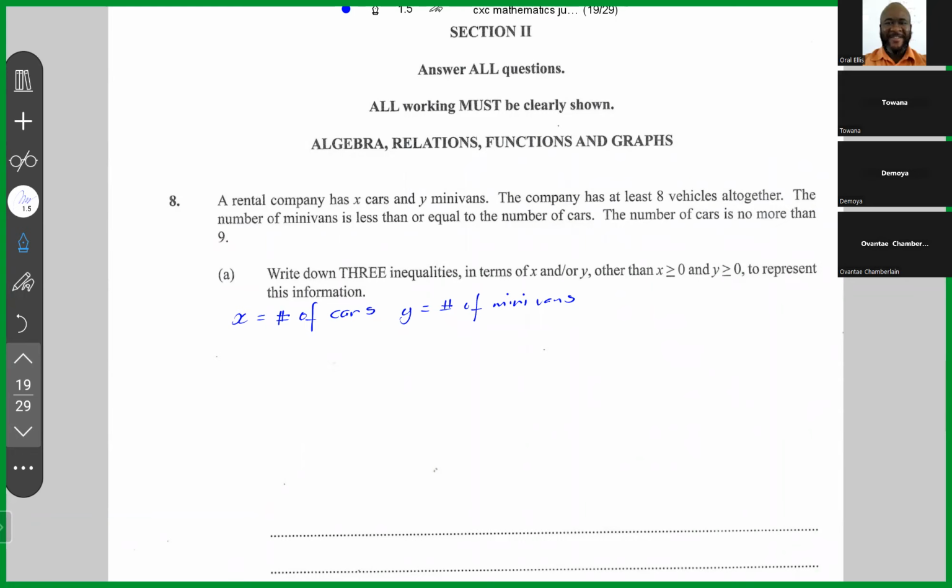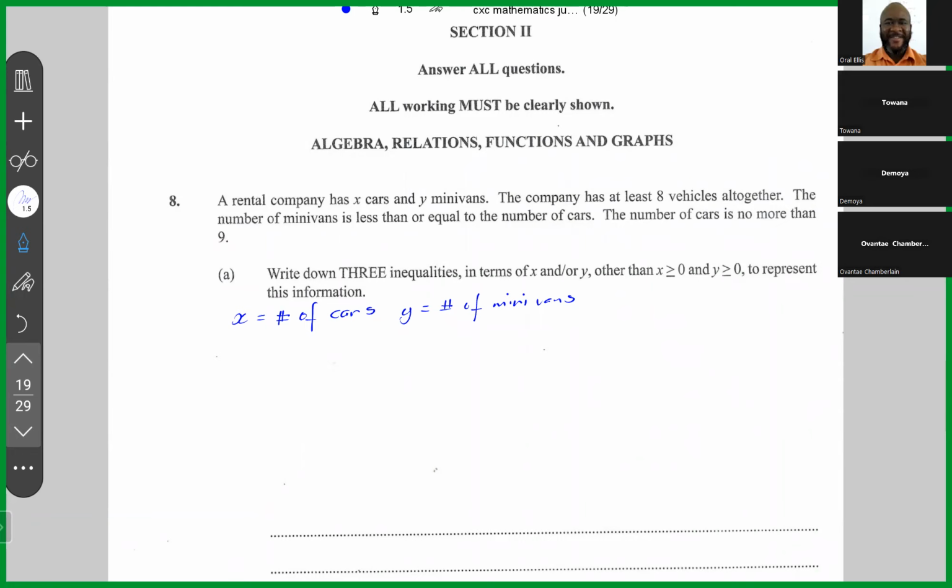Now, inequality 3 says the number of cars X is no more than 9. So X is less than or equal to 9. It's no more than 9, meaning that it can be 9 or less, but not more.